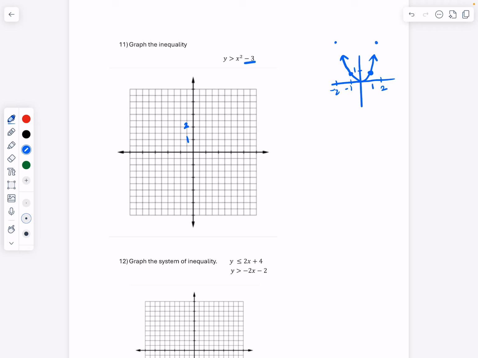So let's make each unit 1. I drop it down 3 units from the parent function, and I get the vertex here. Now I have 1 dot on each side, and then I go 2 over and 4 up, 2 over in this direction and 4 up. So here's my parabola.